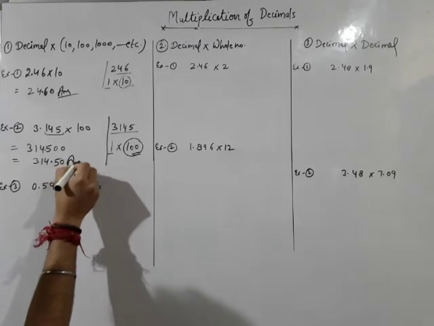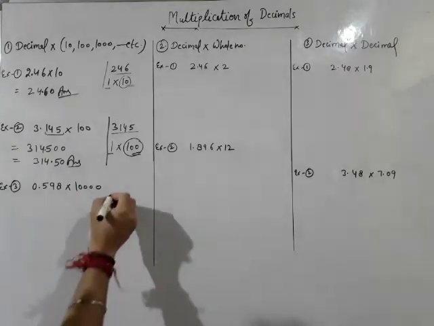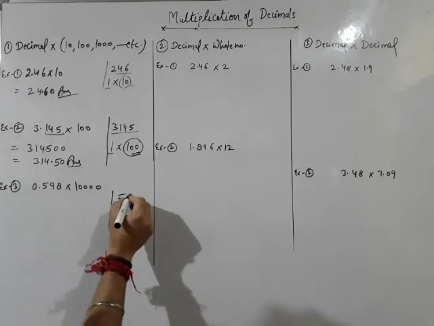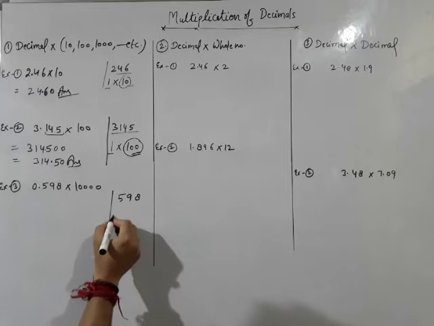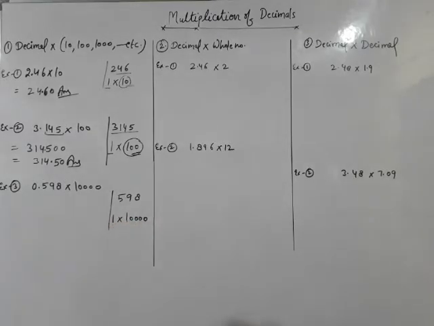So the final answer will be 314.50. Third example, 0.598 multiplied by 10,000. Remove the decimal point, then it will be 598. 10,000 can be written as 1 multiplied by 10,000.